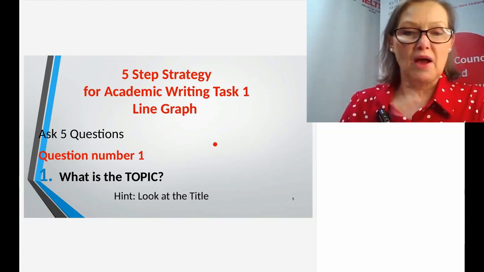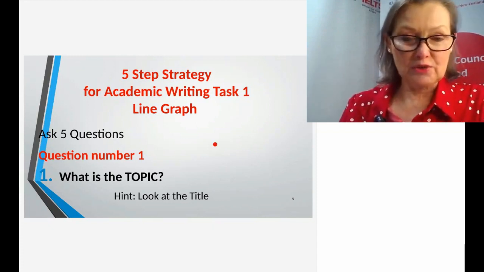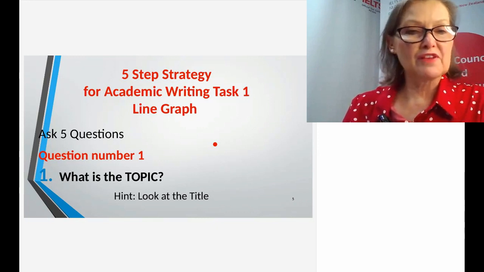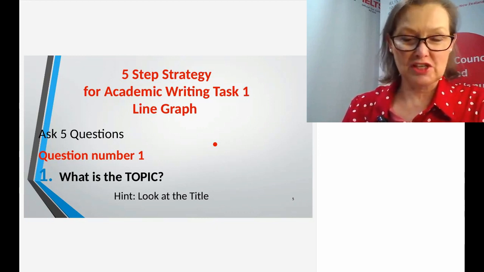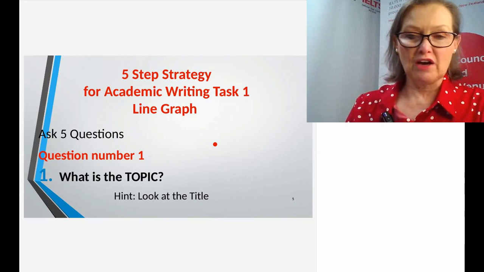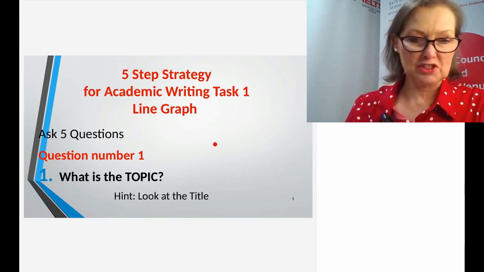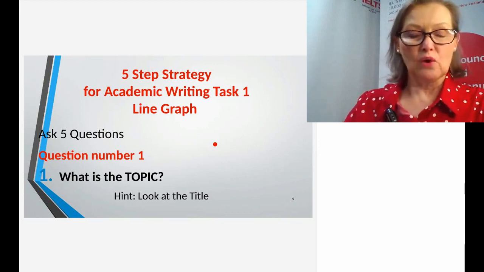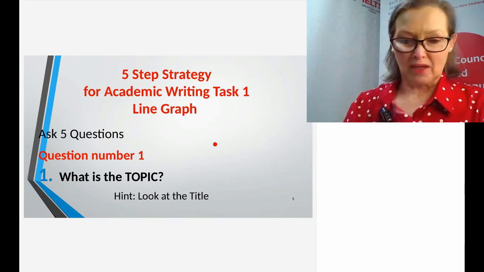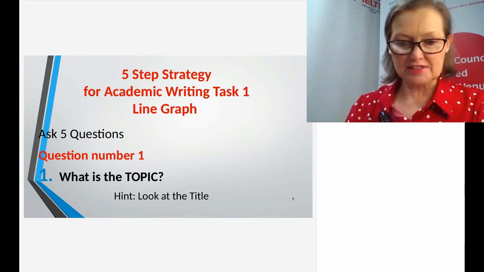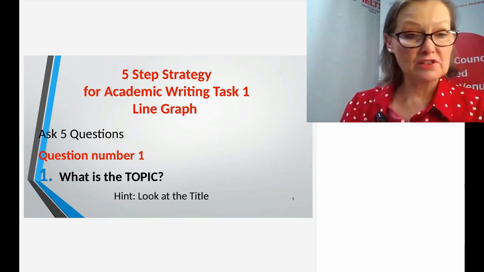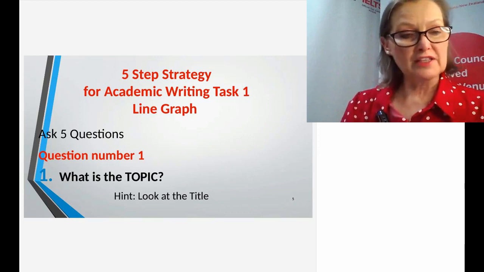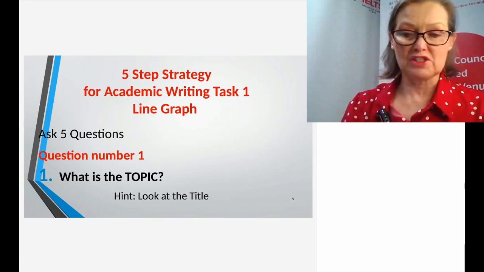So once again, as I did with task 2, I've developed a simple 5-step strategy for our line graph. And we're going to ask ourselves these questions every single time we get a task. We're going to ask ourselves these same questions, because if I ask the right question, then I can actually answer the right question.